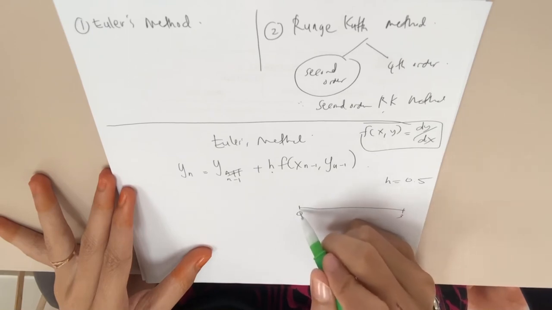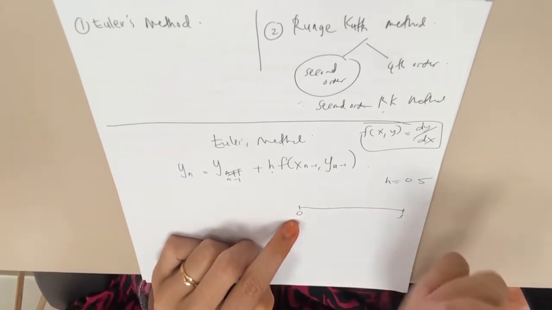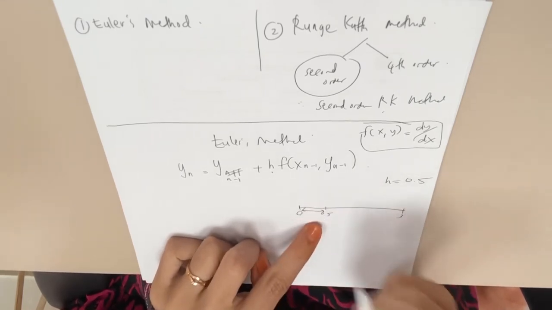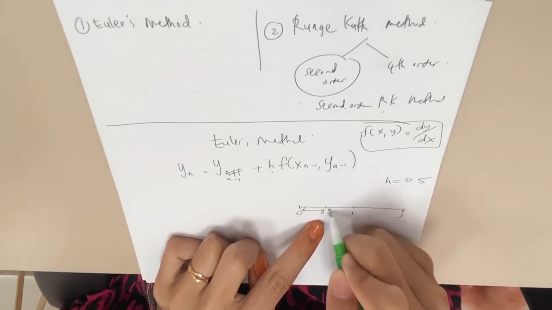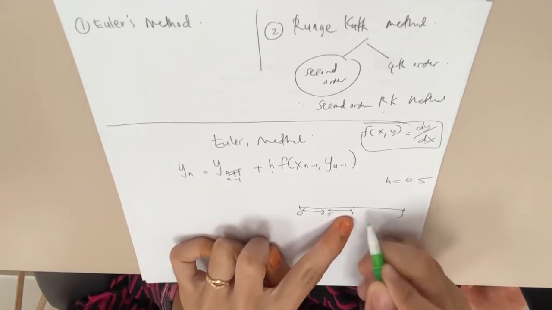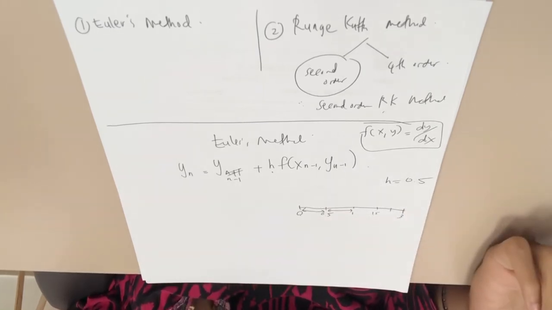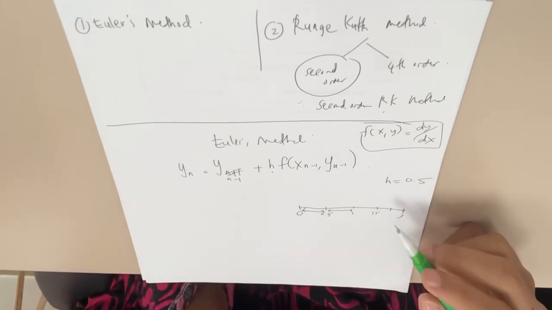So from the initial point to the next point the gap must be 0.5. From the next point to the next point is also 0.5, so that is 1, then 1.5, until you reach 3. So this is the step size. h is the step size.